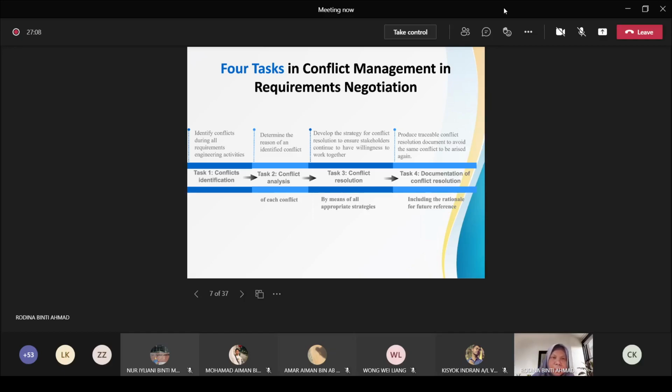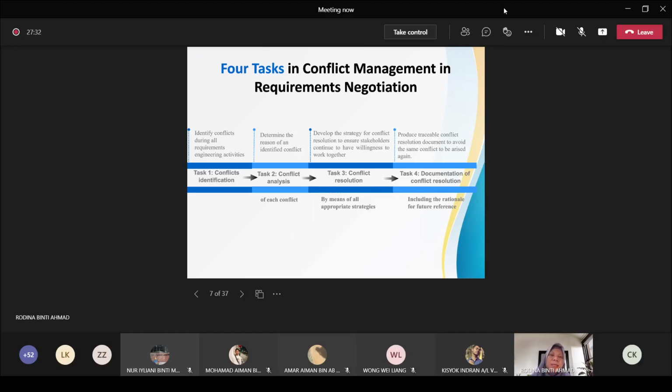It can also occur during requirements documentation. When the requirements engineer tries to document and read the requirements documentation, they might see that some of the requirements are conflicting. So that can be detected during requirements documentation.